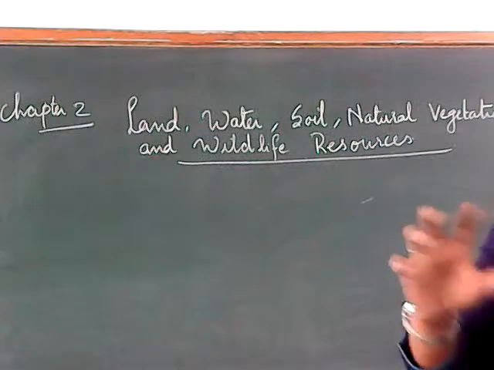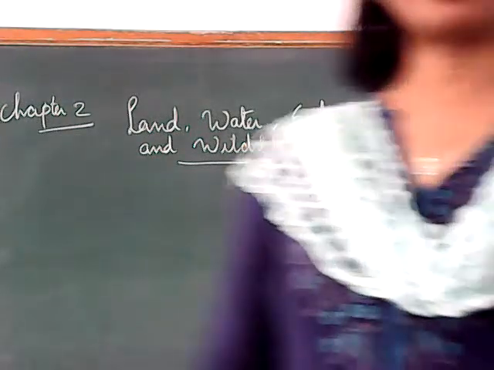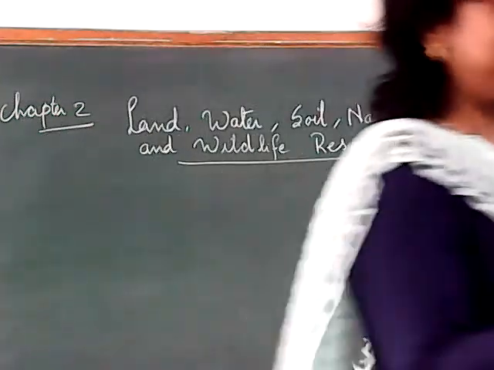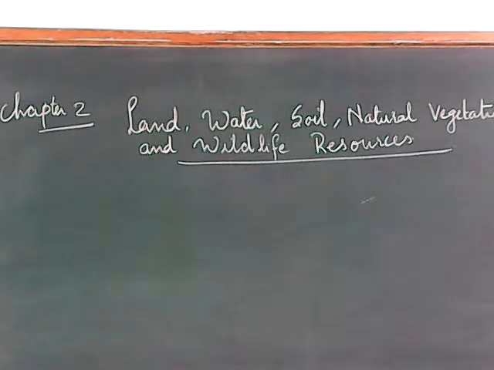This is because of the difference of climate and topography. That means the type of soil is different, the type of land is also different.